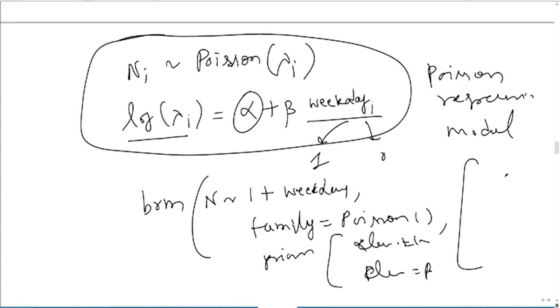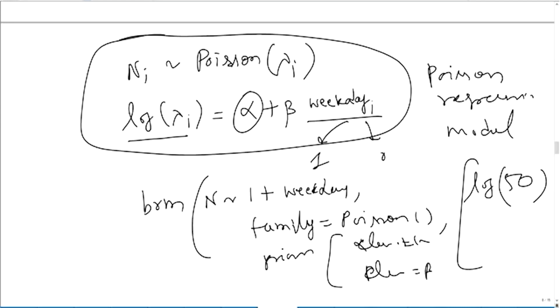It should be lower. So let's say 50 during weekends, right? Then alpha is somewhere around log of 50. So that's the range in which you should define alpha and beta, right? So for example, in this case, it could be somewhere around, what would it be.